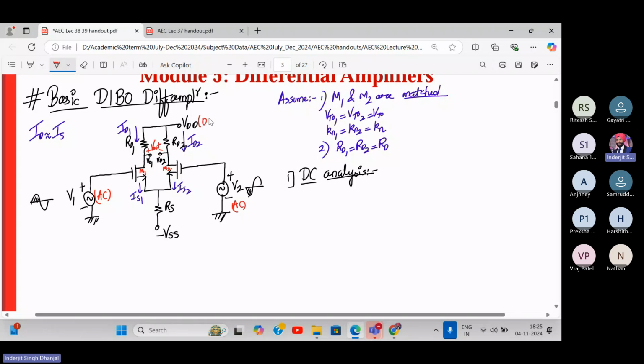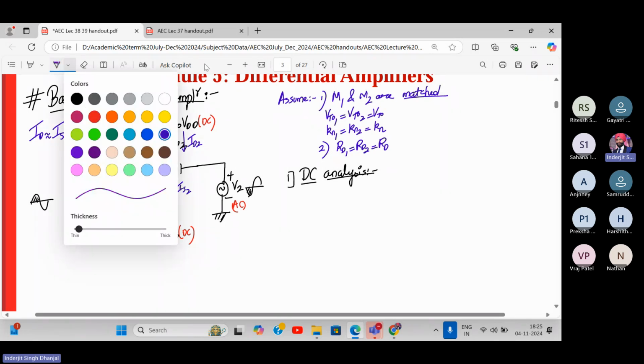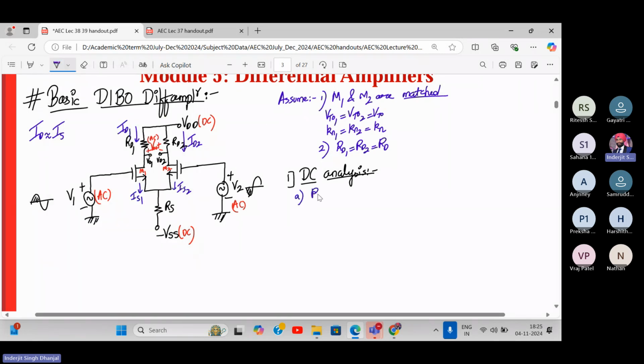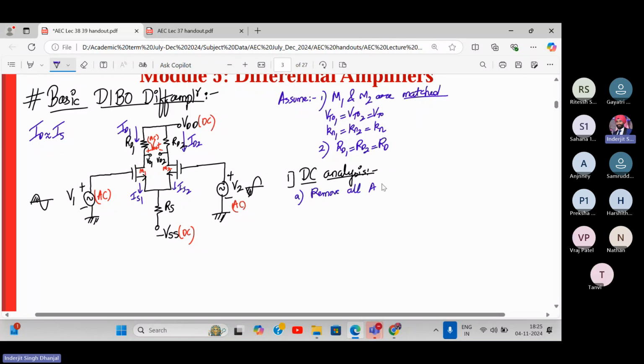And this is DC. Okay. This is AC. All right. So what is the first condition for DC analysis? The first condition is remove all AC sources. Means make them zero. So make V1 equal to V2 equal to zero.